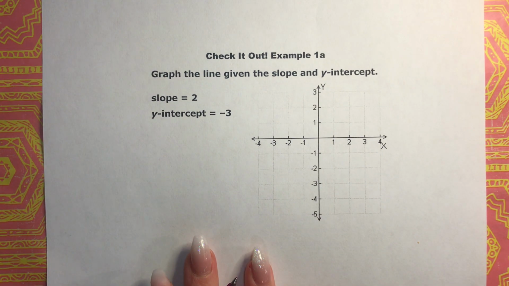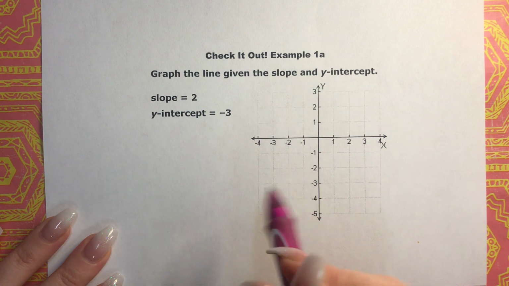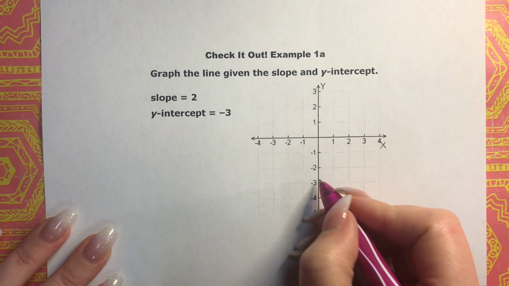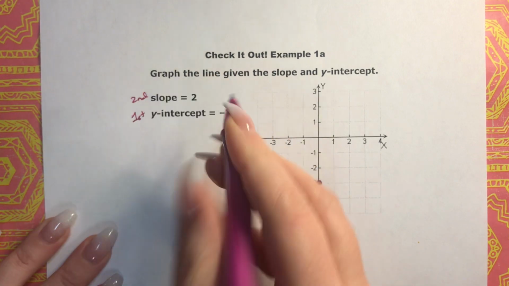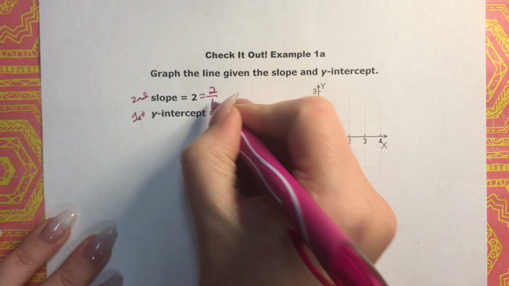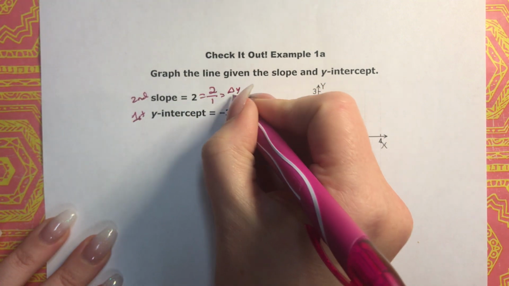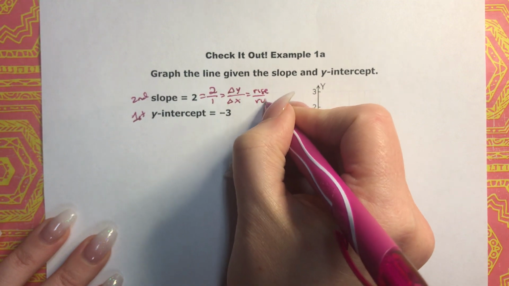So 1a, again, I'm sorry. We're going to graph the y-intercept first. That's negative 3, so negative 3. This is always first, this is always second. The slope is 2, okay? That means it's 2 over 1, which means our change in y over our change in x, or our rise and our run, right?